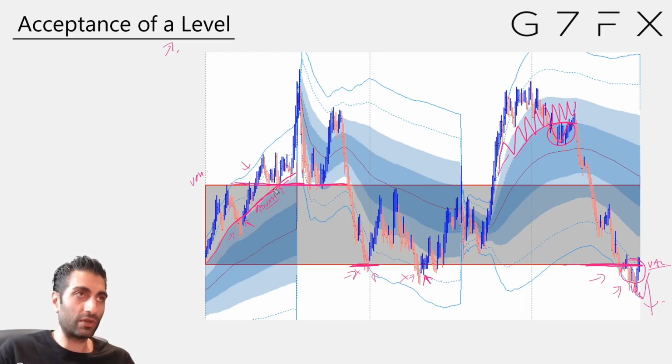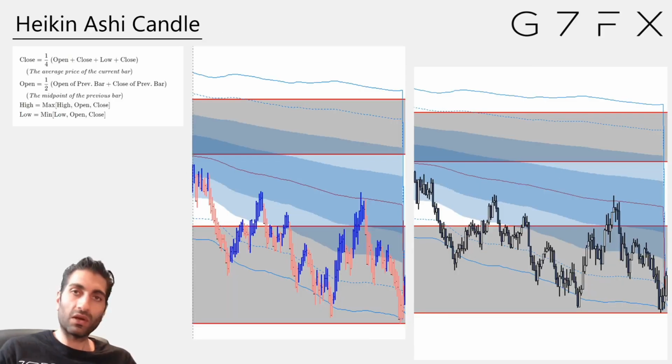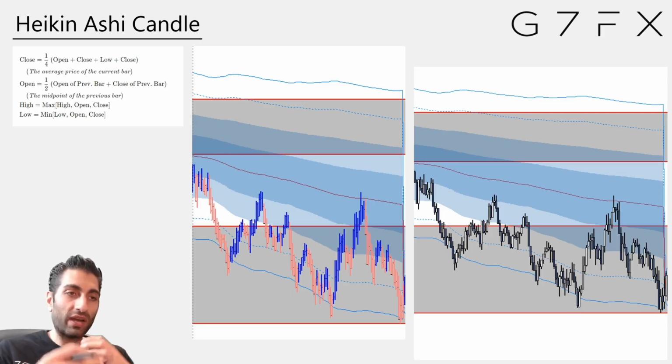I just want to go through the candles and then we do one little section, I think, on entry and exit, and then we'll get on the charts. Okay, so I just want to quickly talk about the Heikin Ashi candle because, I'll be honest with you, I don't use it, but I think this type of candle is very useful to help you develop your market condition and rhythm, and that understanding of the current rhythm of the market.